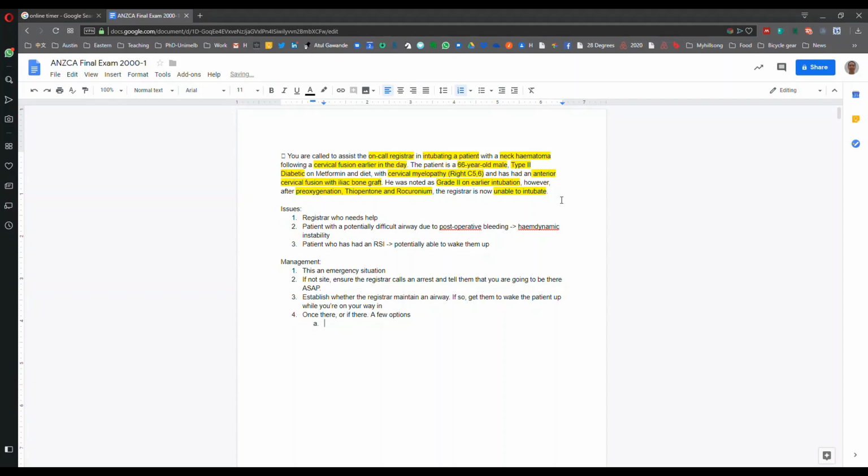So you're going to reposition the patient. Establish what the registrar could see, or why they couldn't intubate. Depending on the clinical situation, you might wake up the patient.